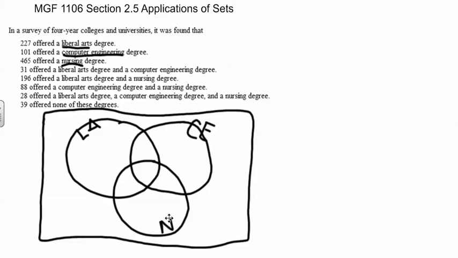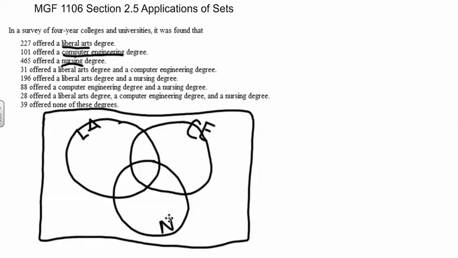Now, in the previous section, we learned that when we had a Venn diagram that had 3 subsets, A, B, and C, and 8 regions, we would start filling in the number of elements in region 5, which was the intersection of all 3 sets, if that information was given.